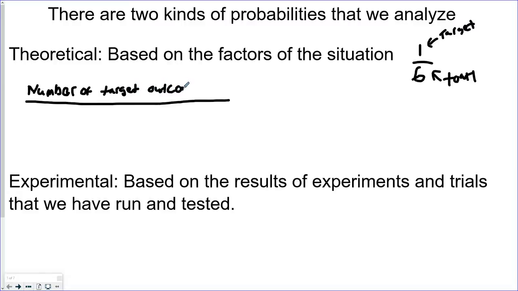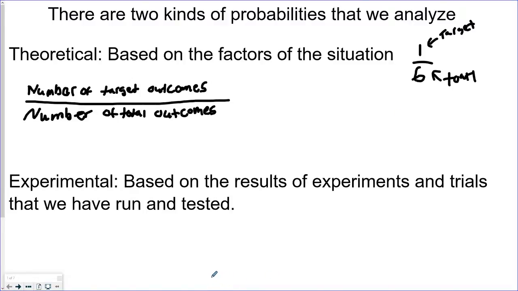And this is going to be divided by what's on bottom, which is the number of total outcomes, which is everything that could possibly happen. So how many different ways could rolling a die happen? Well, there's 6 different ways. 1, 2, 3, 4, 5, or 6. So the number of things you want to have happen divided by the number of things that could happen. Again, in a die, it's 1 out of 6.